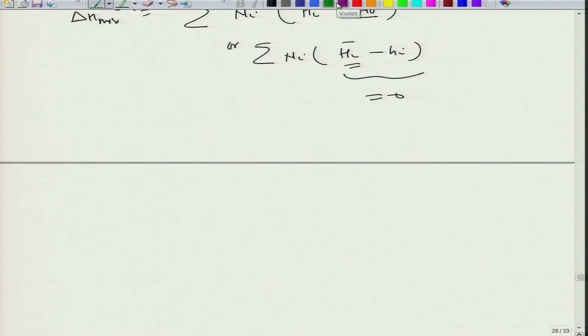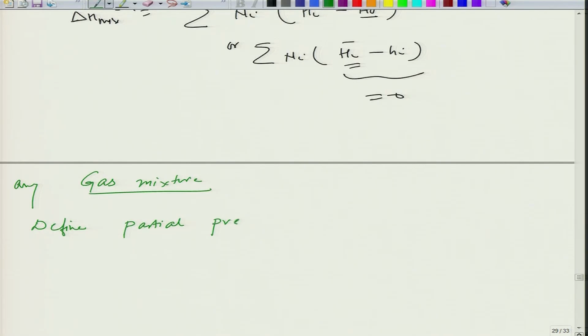For the case of a gas mixture, or any mixture basically, we can define something like partial pressure, which is usually defined by a symbol Pi, and this is nothing but the total pressure multiplied by the mole fraction in the gas phase.